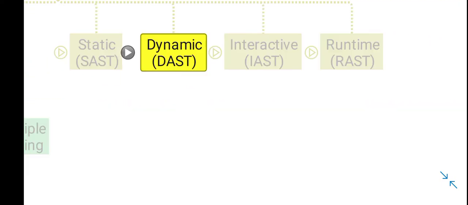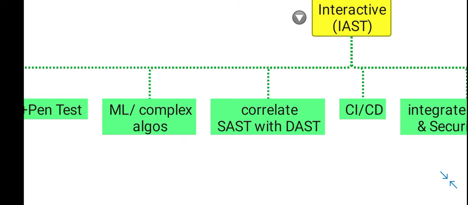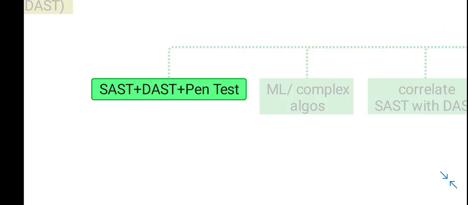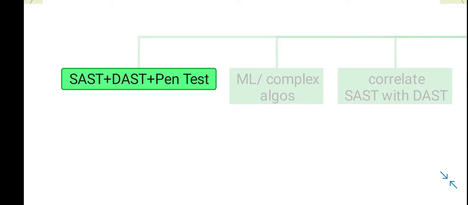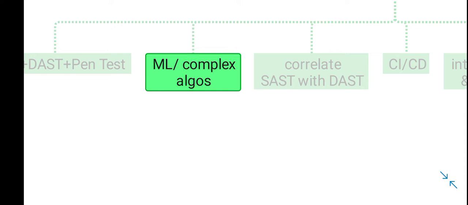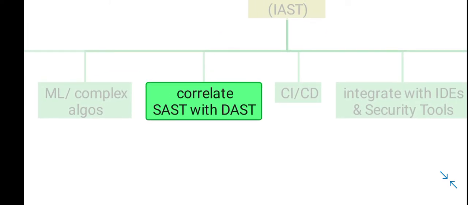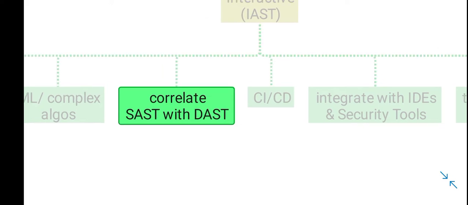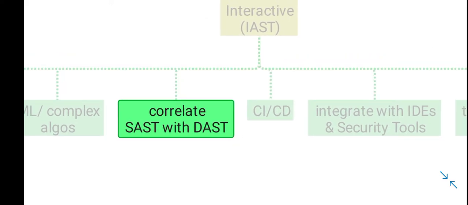Now coming over to interactive application security testing, it is a mixture of static application security testing, dynamic application security testing, and pen testing. So it uses machine learning and complex algorithms, and basically you correlate the findings of static application testing with dynamic application security testing.